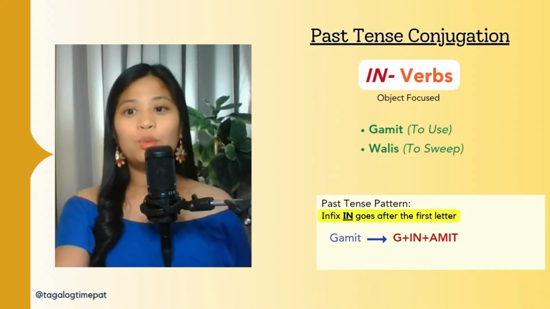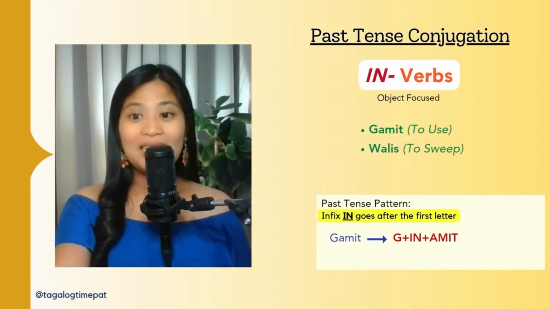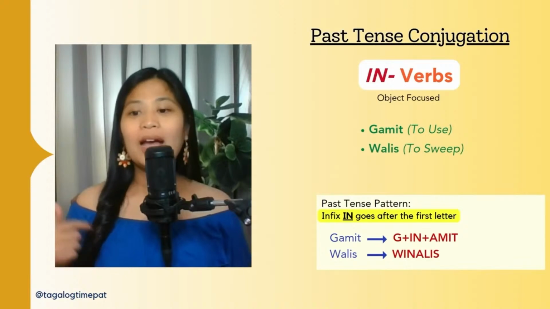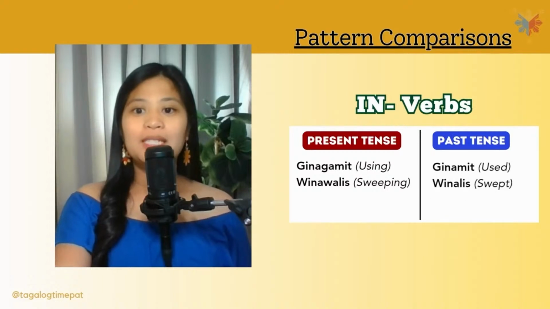You jot it down. What do you think walis, to sweep, will be in the past tense? Walis in the past tense will be winalis. Winalis ko yung sahig. I swept the floor. So let's compare. In the present tense, using is ginagamit. Ginagamit ko.